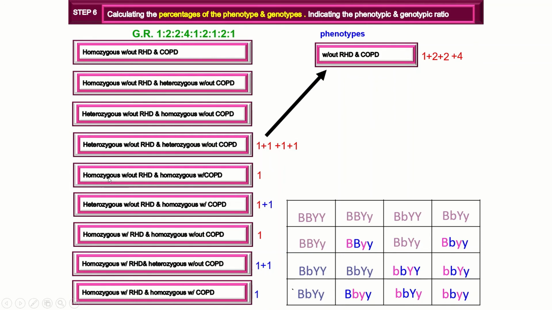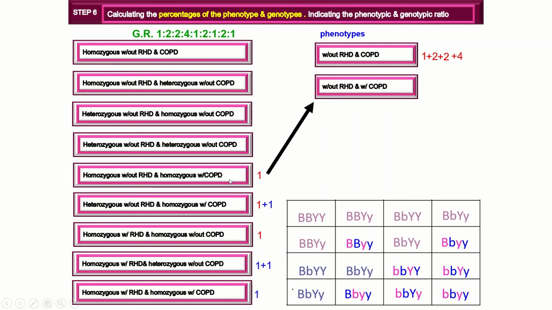Now this one is homozygous without RHD and without COPD. So without RHD and with COPD. So different phenotype. Okay, both of this one is both without.